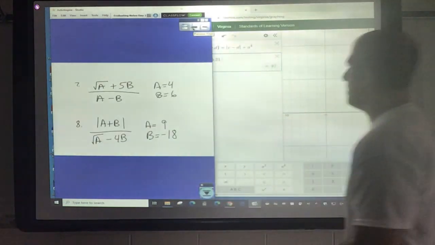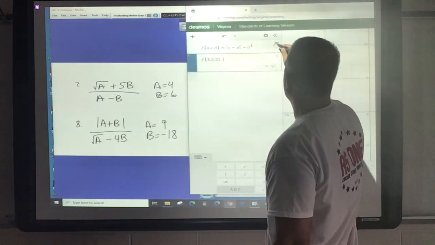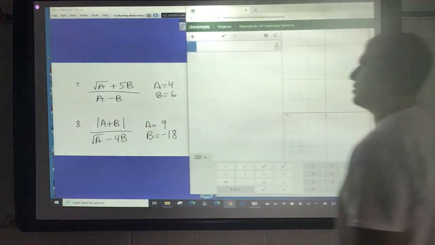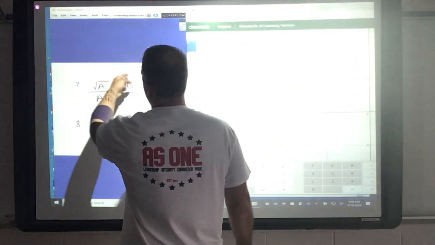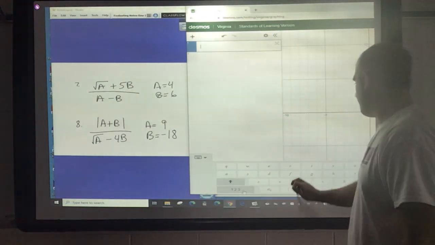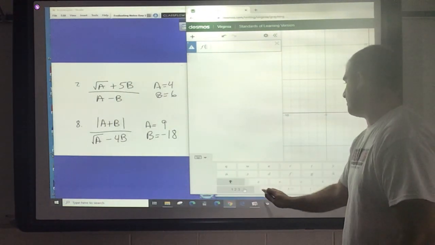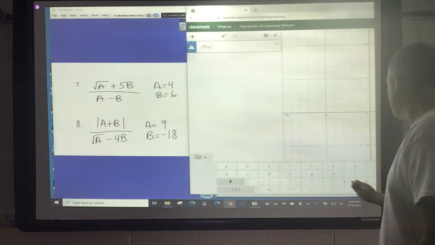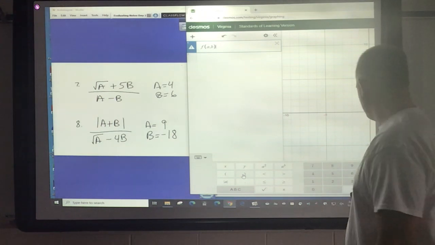We'll do these. Now, when you got the fraction ones, what you have to do is you have to put parentheses around the top and the bottom. So I'm going to do function. I'm starting out the same. I'm using A and B. So parentheses, A, comma, B, close the parentheses, equals.